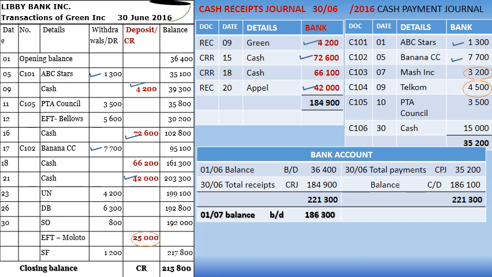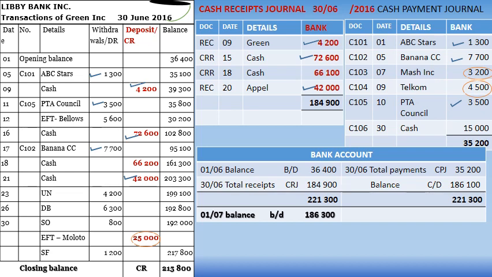When it is traced on the bank statement, it appears on the 11th, amount 3,500. Similar entries, both are ticked. The last check in the cash payment journal is check 106, amount 15,000.